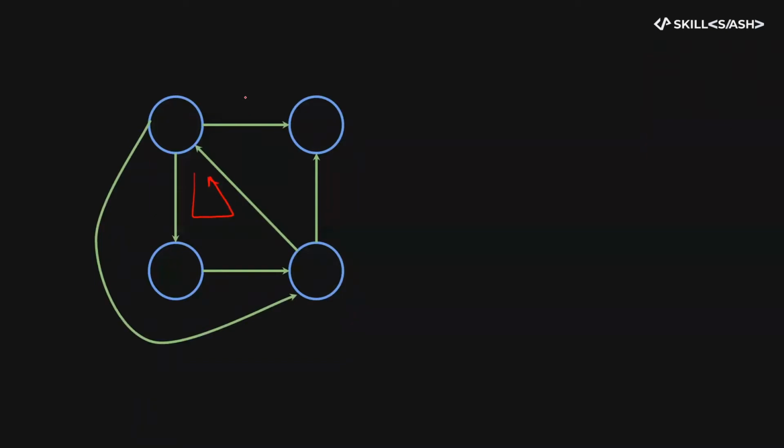Now there are types with weighted graphs. Weighted means there is a weight on the edge. If you see, I'm not defining any weight on the edge, but if I define a weight on the edge, that will represent the cost of traveling from node A to B. Let's say I represent Google Maps via a graph.